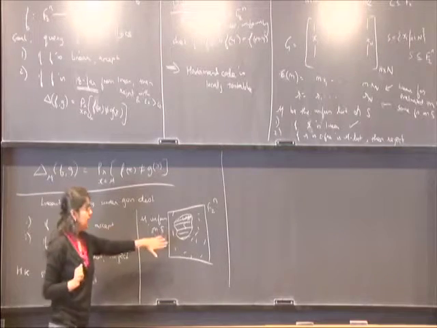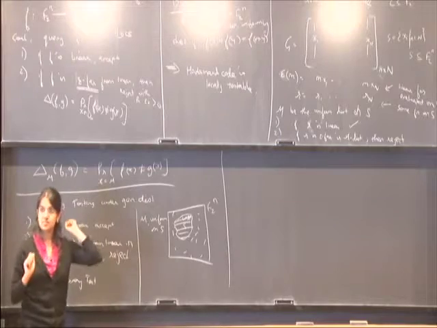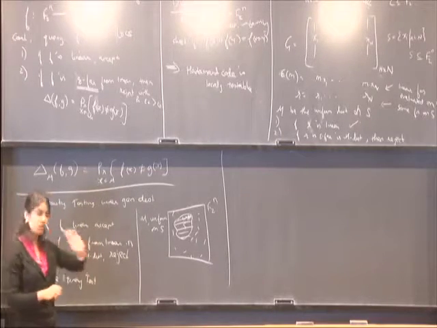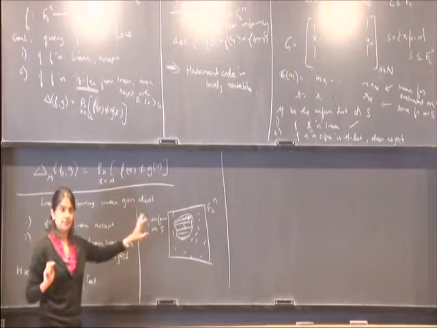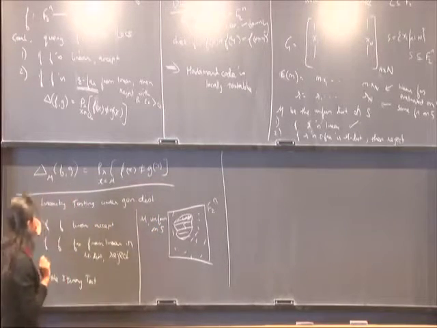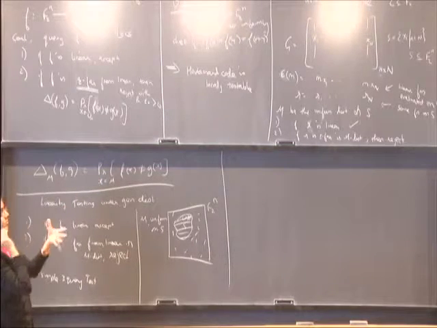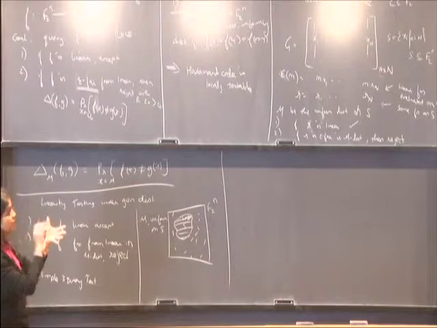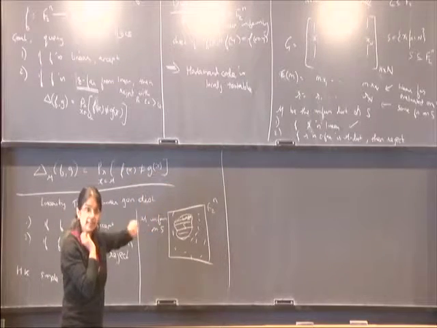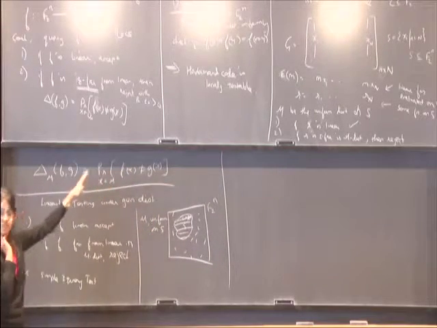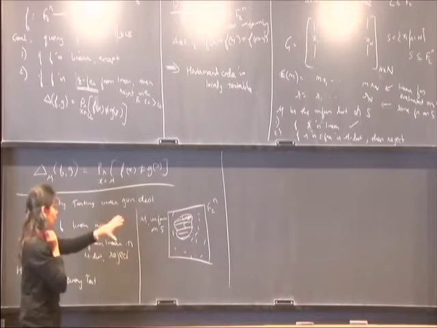I want my tester to accept such functions, right? My distribution mu was uniform on S, I care only about mu, so I should not care what the function looks like outside. Even for the coding theory interpretation, your tester is going to make queries only to the function evaluated on S. It doesn't even get access to the function evaluated elsewhere. So it's very important that the queries come from the set S.